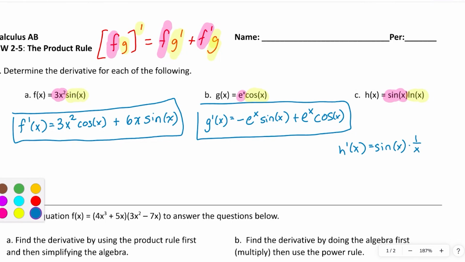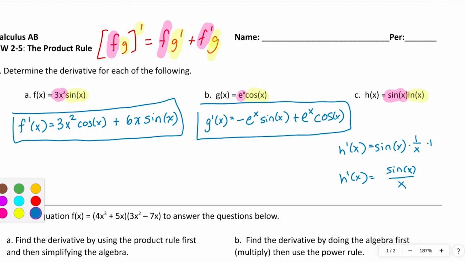And you're welcome to write that as x to the negative first, but I think what you'll see in multiple choice items is that these two expressions will be combined, and we'll write that as sine x over x. So just be aware that you may see it written like that.